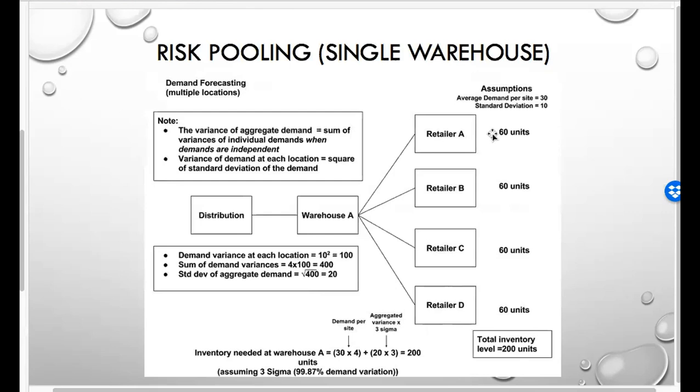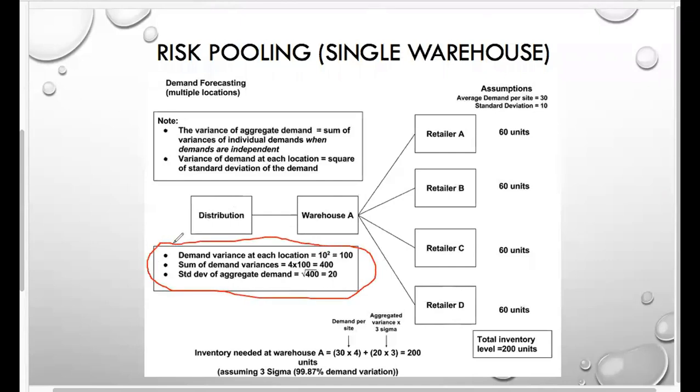But what happens now is that when we aggregate the demand, we no longer have to worry about the standard deviation of 10 per site. What we're going to do is aggregate the demand across all 4 retailers at the warehouse. And the way you do it, it shows you there on the second screen. Basically right here, it shows you how you calculate it. It's very simple.